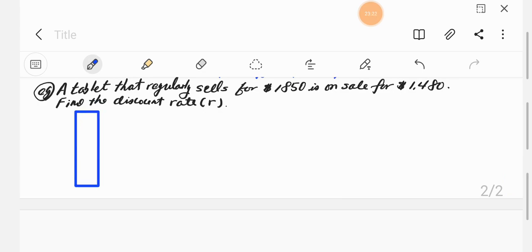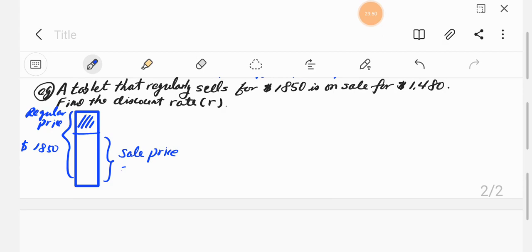So this is the regular price, R, $1,850. So regular price, right? So this one is on sale. I don't know how much, but the sale price is $1,480.